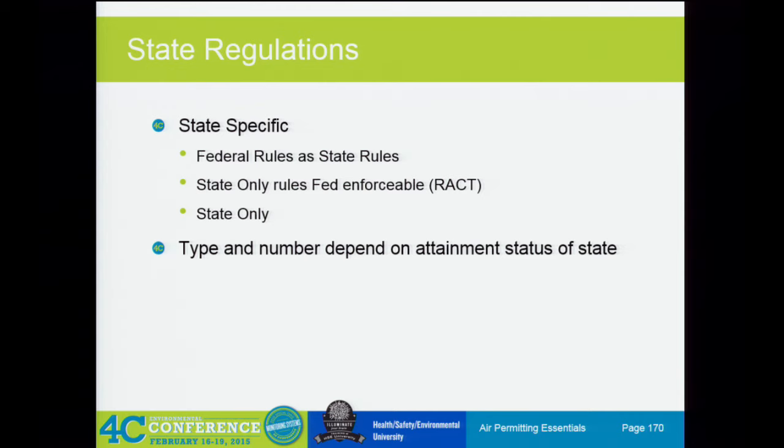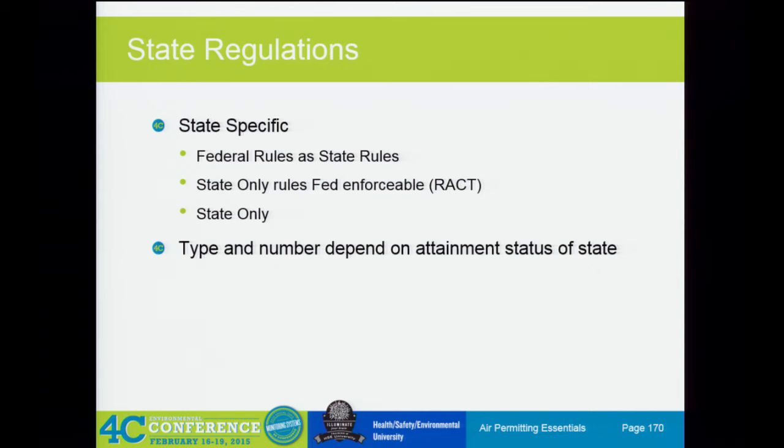That second bullet, state-only rules that are federally enforceable. Those are the regulations where you'll definitely have more requirements for control on the equipment, specific to certain areas of the state. Usually you'll find these types of rules with non-attainment areas.